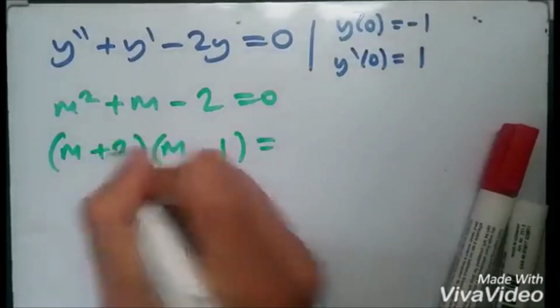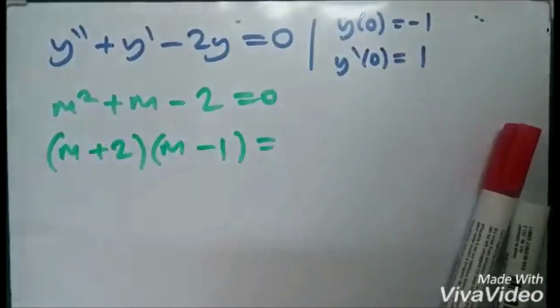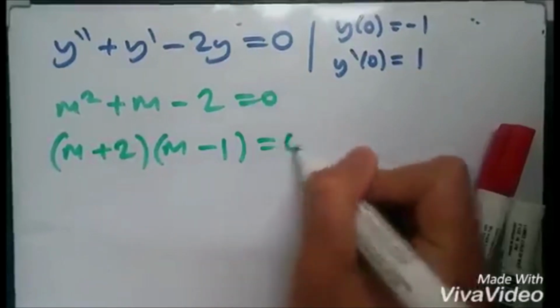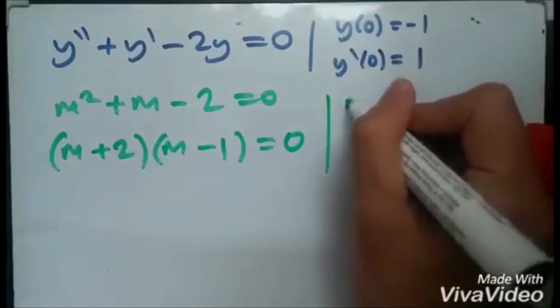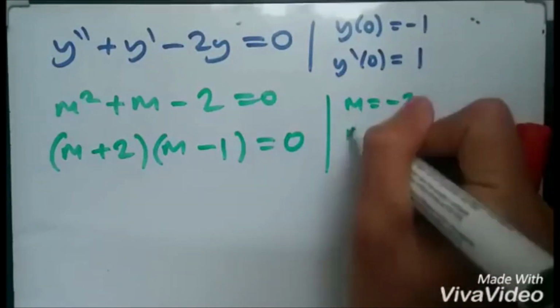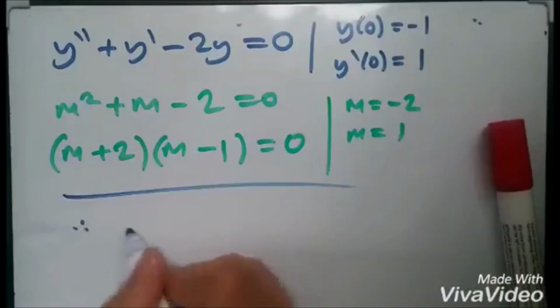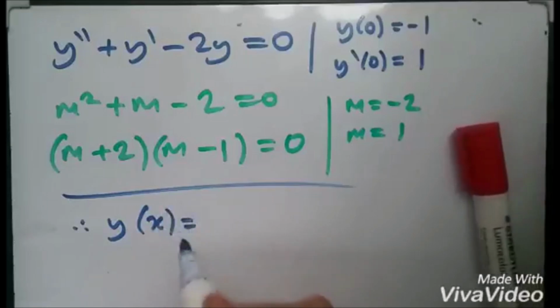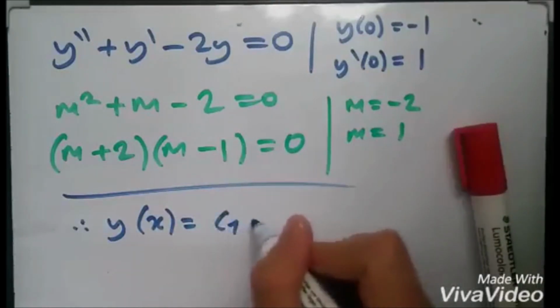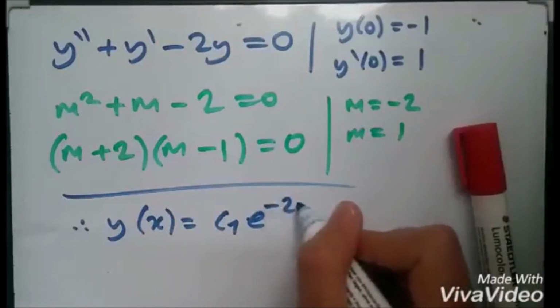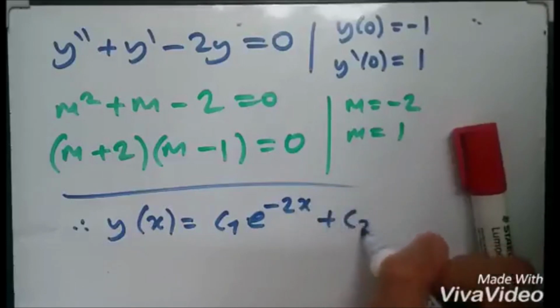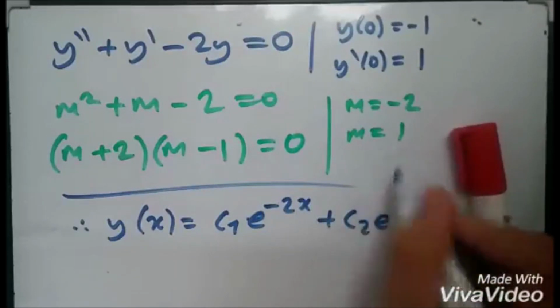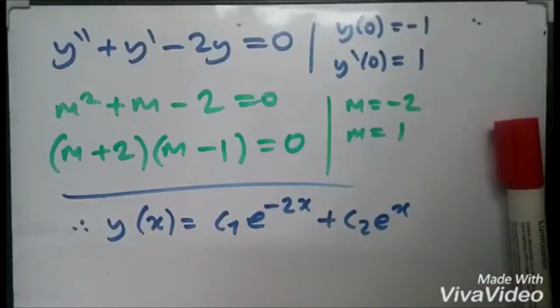This is bigger, so plus 2 minus 1 is plus 1. So yep, this is it. Therefore, 2 values for m are going to be minus 2 and plus 1. Therefore, y(x) equals c1 e to the minus 2x plus c2 e to the 1x. That's it. Easy, isn't it?